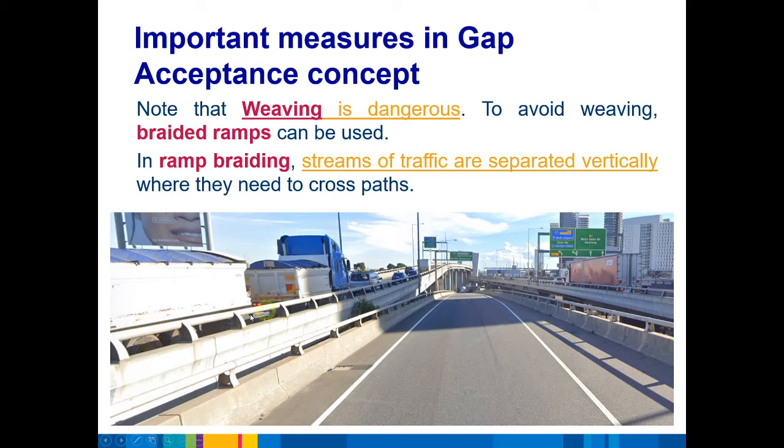So you can see the left side of this picture, there is a ramp and it twists over this lane here. So rather than have these three lanes, where the people in the outer left lane have to merge and then merge again, we use this ramp braiding arrangement to deposit vehicles safely over another traffic stream. It works very well, but it's very expensive.